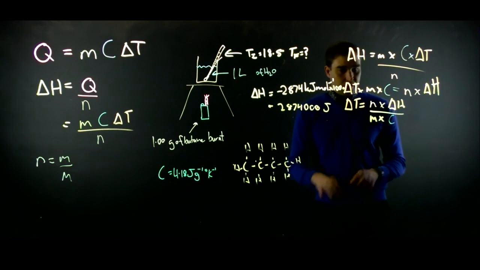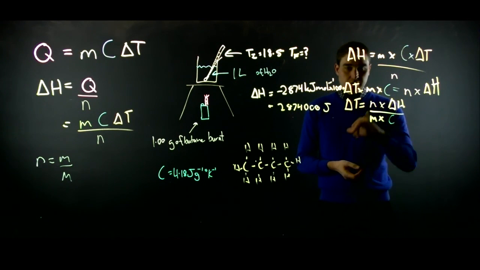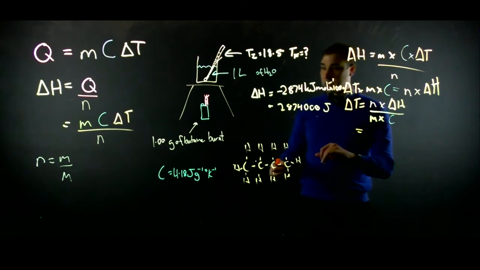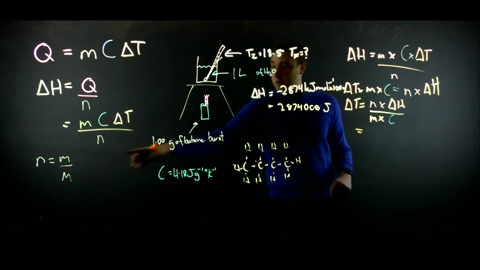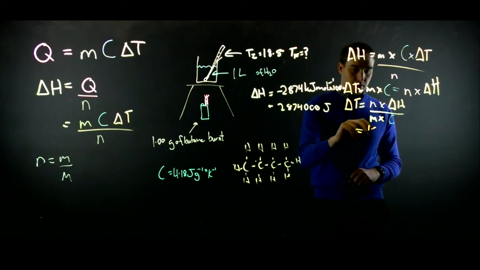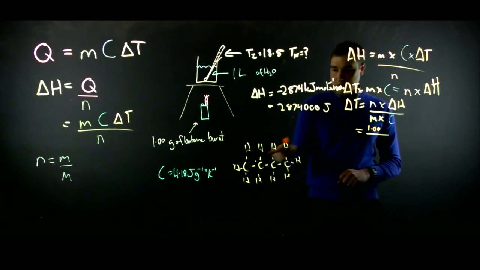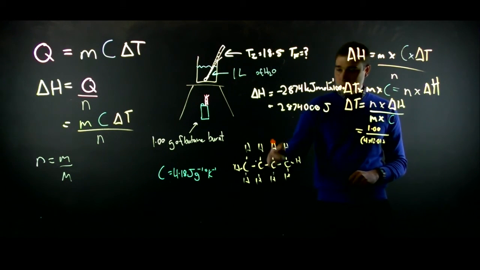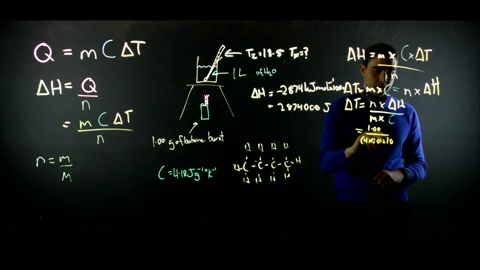Okay, now that we've rearranged it, we can shove in our values, but we need to calculate our number of moles. So number of moles we had before is mass over molar mass. So my mass is 1 gram. My molar mass: 1, 2, 3, 4 carbons, so putting that in brackets, 4 times 12.01, the molar mass of carbon, plus there's 10 hydrogens there, 10 times 1.008.